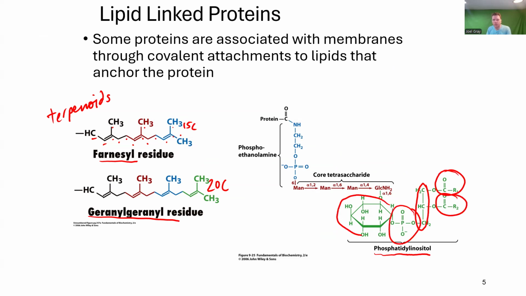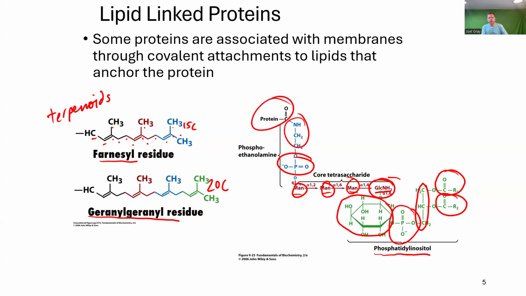Here's that 6 carbon ring for that inositol group. And then here's, oh, GLC, NH. Those are sugars. This is an aminated sugar. And then these are mannose. And then we can have this phosphate group, and then this ethanolamine, and then we've got a protein.